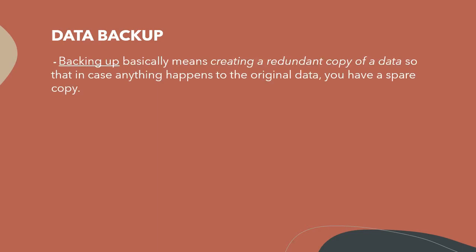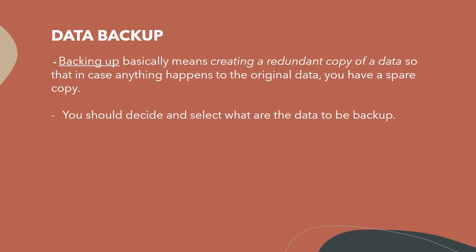So backing up basically means creating a redundant copy of a data so that in case anything happens to the original data, you have a spare copy. You should decide and select what are the data to be backed up.